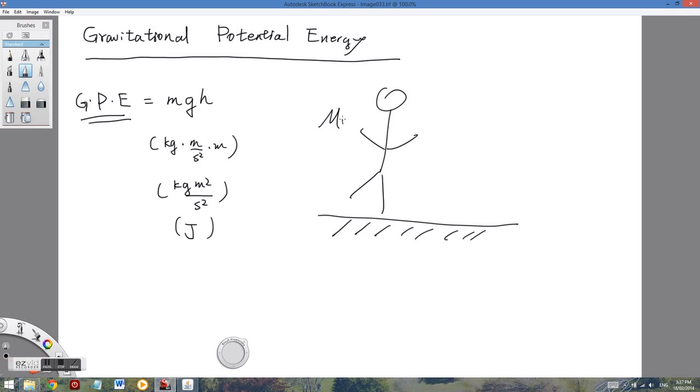Say this is me, and I'm holding something of 1 kilogram above the ground for 1 meter. 1 meter above the ground.